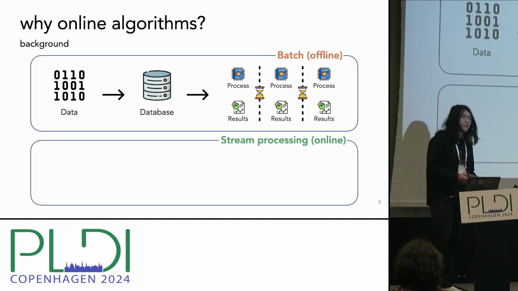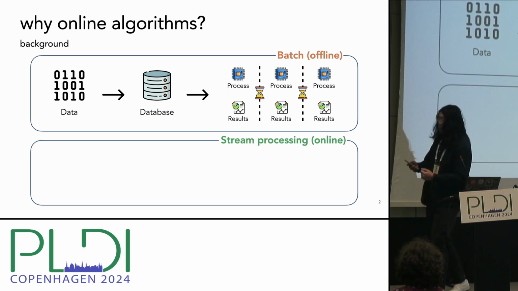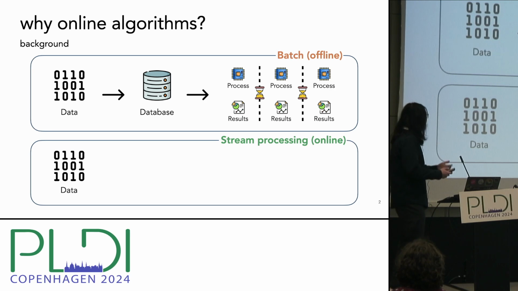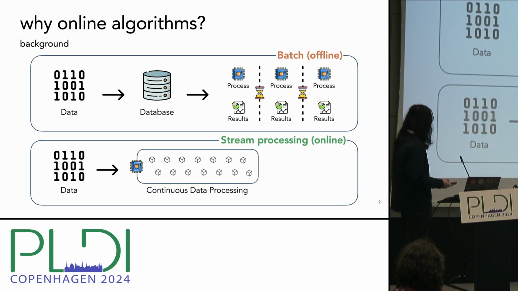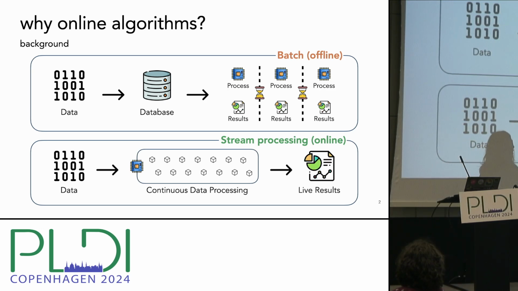On the other hand, online algorithms are used in a stream processing setting where we process and analyze the data in real time. We put it into a continuous data processing stream, and then it will always get us some live result.